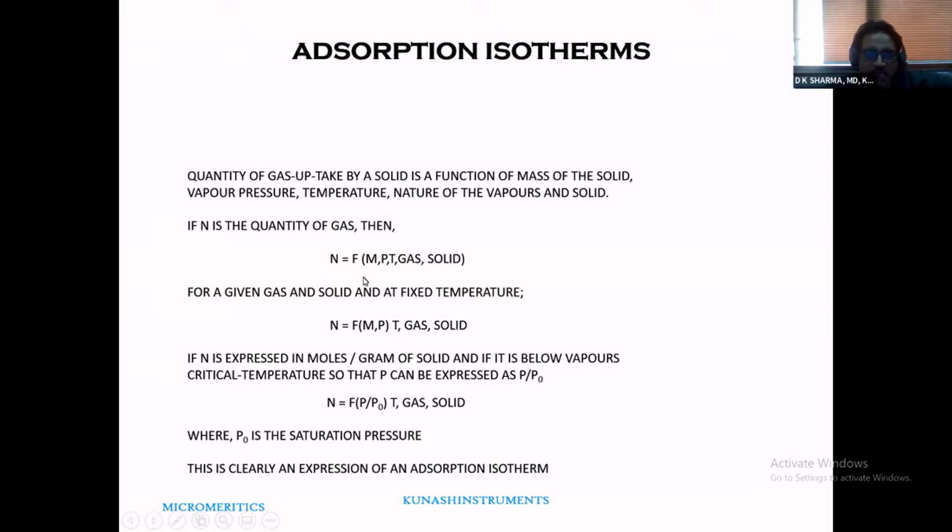In such functional equations, what is interesting is you can take any of these out by keeping that parameter constant. For example, I can say that on a given solid, the amount of adsorption will depend on mass, pressure, temperature, and the nature of the gas.